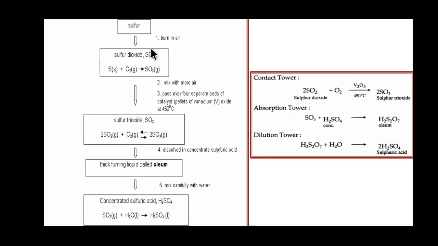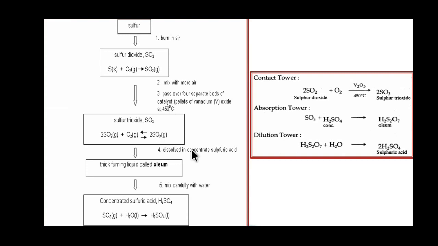And next is a flow chart, which will explain the preparation of sulfuric acid. First, sulfur burning with air forms sulfur dioxide, and next mixed with more air, it forms sulfur trioxide with the catalyst vanadium pentoxide at the condition 450 degrees Celsius.